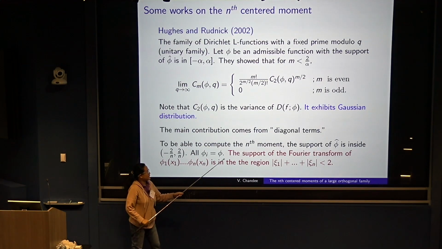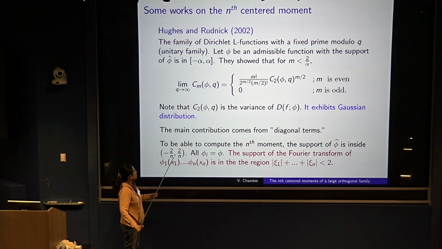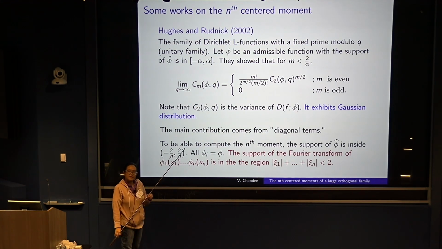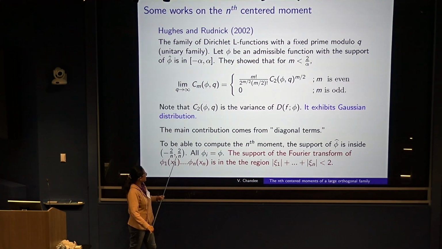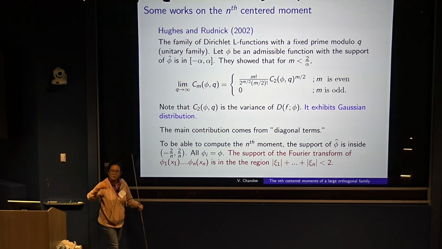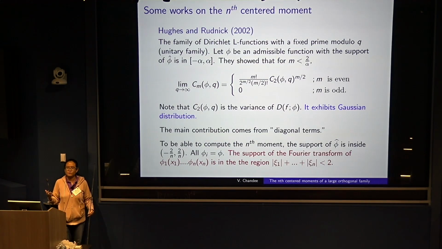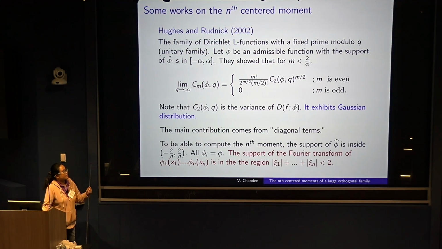So if you want the nth moment, phi hat needs to be supported inside minus 2 over n to 2 over n, and all the phi are now the same. They just look at the case when phi i is the same. So you add up all the supports, 2 over n, n times, and you get that the support goes up to 2. Again you still see that the support goes up to minus 2, 2. This is not surprising, since this is still the family of characters mod Q with conductor Q. It's the same as the one level density.